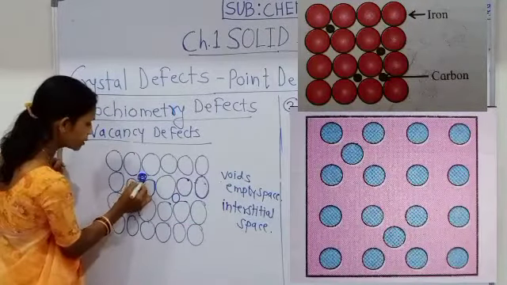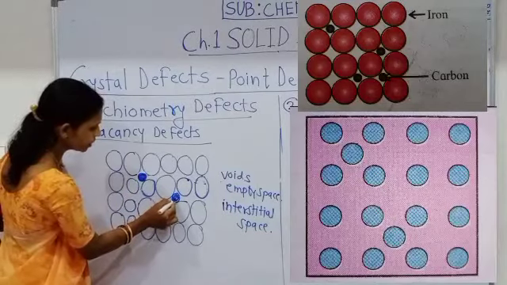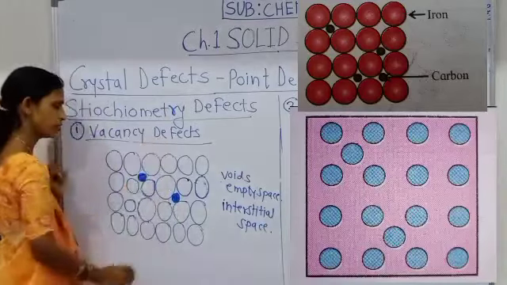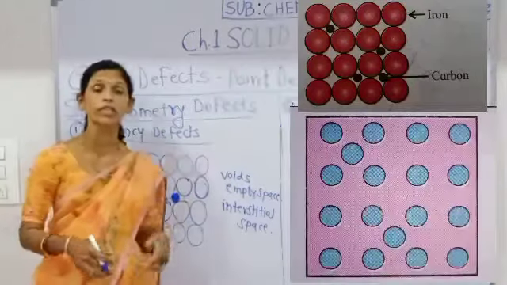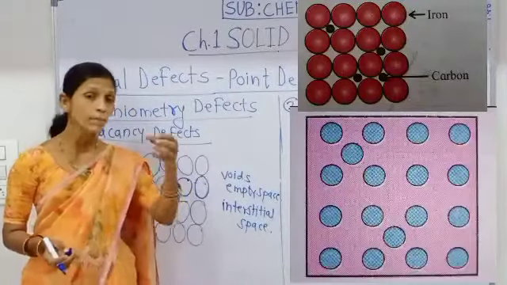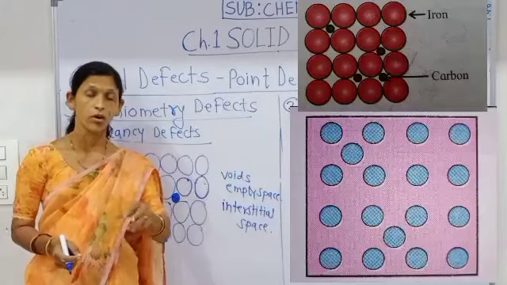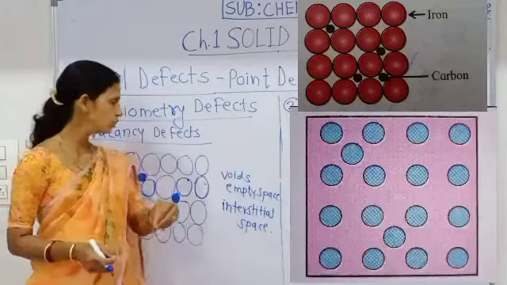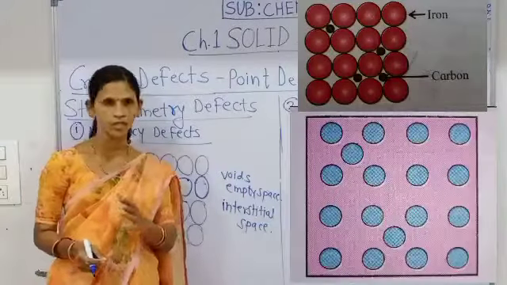Those are the extra particles which occupy the interstitial space of the original crystal lattice. And this type of defect is created due to the mixing of two different materials, or impurities added into the original crystalline substance.